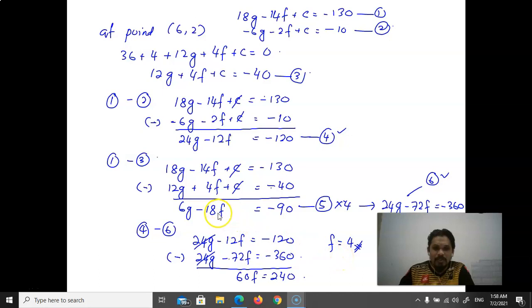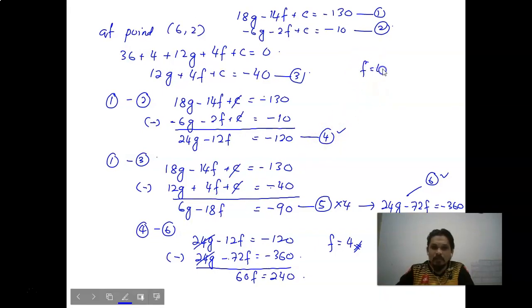If I use equation 5 here, or equation 4, let's say f equal to 4, substitute into equation 4.